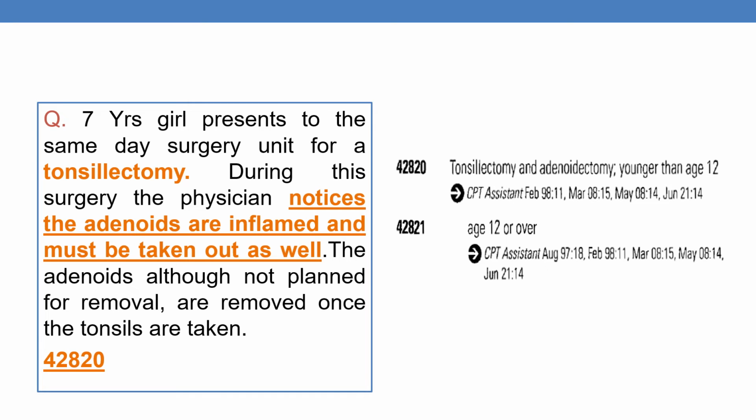Subsequently adenoidectomy is also performed. So the code for both tonsillectomy and adenoidectomy, and the patient is 7 years, that is younger than 12 years of age, the correct CPT is 42820. Tonsillectomy and adenoidectomy younger than age 12.